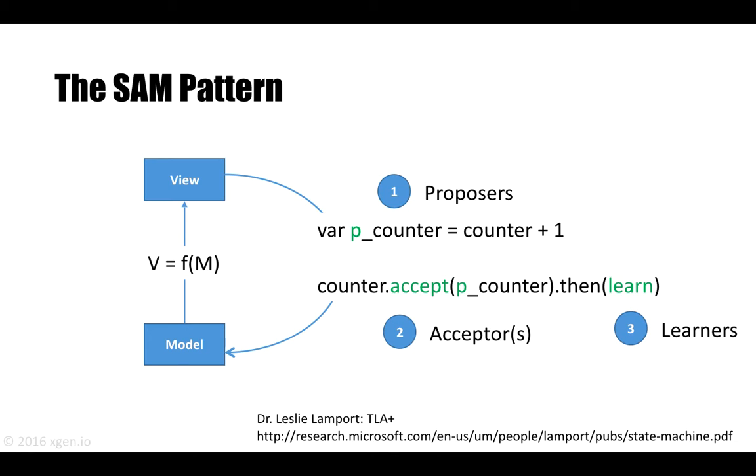Of course, the proposal can be much more complex than a single value. But then, when it's been accepted or rejected, then you can, quote, involve a learner, that will access the application state and do something about it.